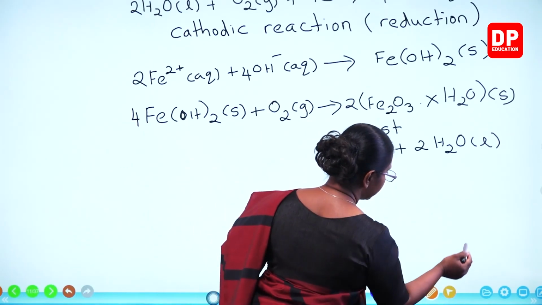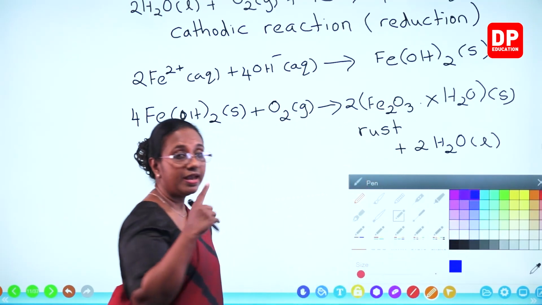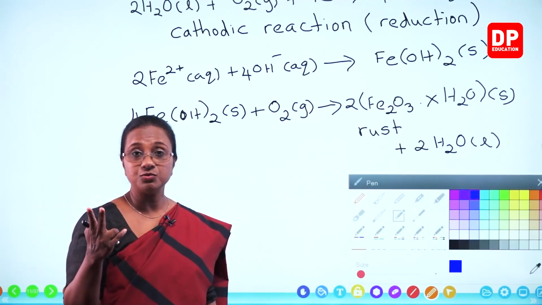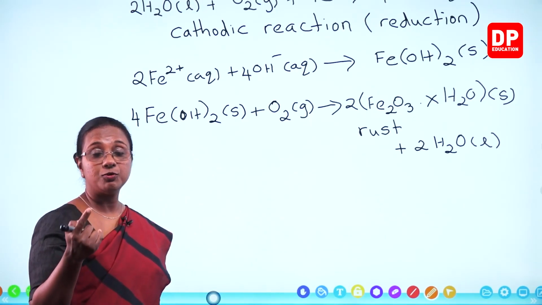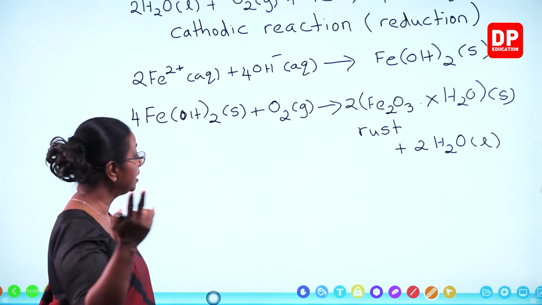Now I will do it and show you all. Now when iron oxidizes, 2 electrons are lost. So to balance the reaction, we have to multiply that equation by 2.